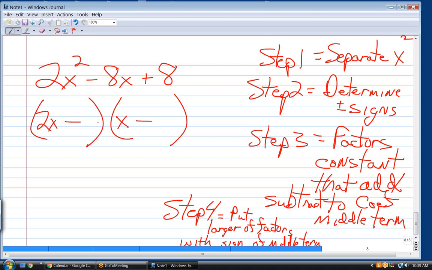At this point, it becomes trial and error. And by that, I mean I'm going to experiment with factors of 8 and see if I can get it to create this middle term of minus 8. Okay, well, could I do that? Yeah, probably if I use 2 there and 4 there.